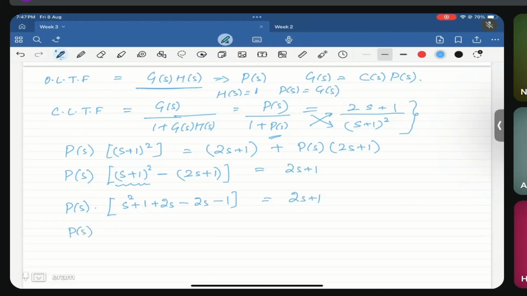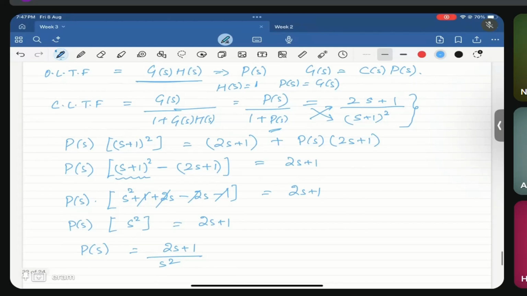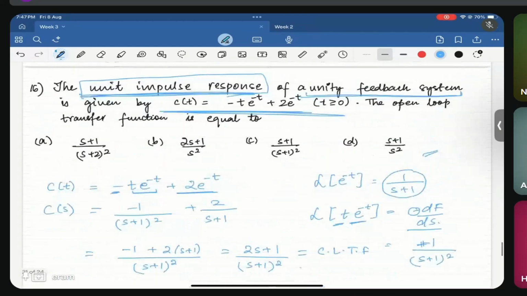These all will cancel out. So it will be s square equals 2s plus 1. So P(s) equals 2s plus 1 divided by s square. So which option is correct?